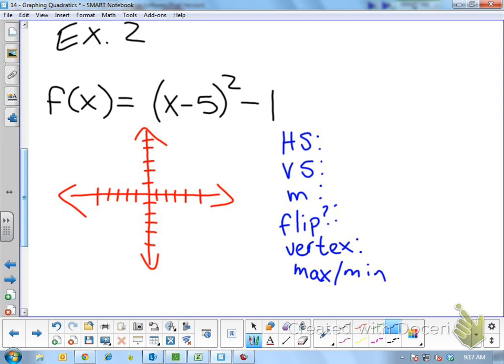So, we need to label this information in order to graph first. And what we need to start with is horizontal shift, vertical shift, and slope. So horizontal shift was given by the number inside the parentheses. This number here. And we looked at the sign. Does it tell us to move to the left or to the right?